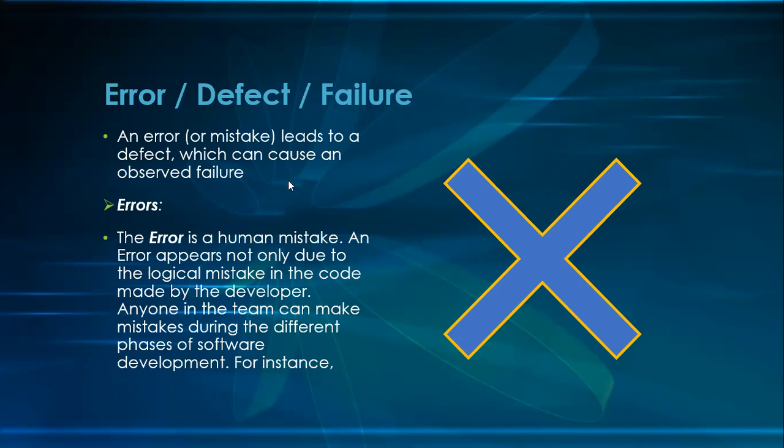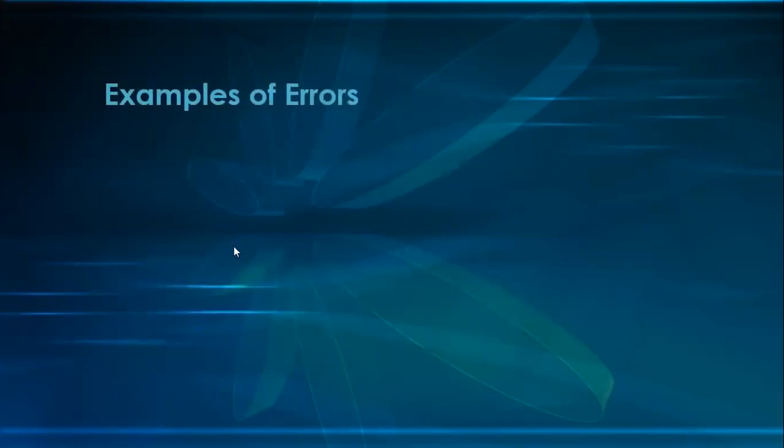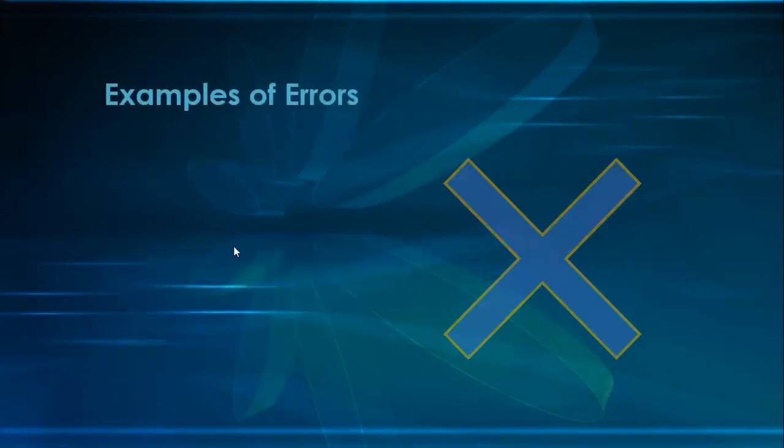So now, what this statement is telling us is that error is a human mistake. Any one of those names, those roles, those activities that I've mentioned, anybody can make a mistake. So that's why it could be done by anyone. So let's go further down. What are examples of errors?